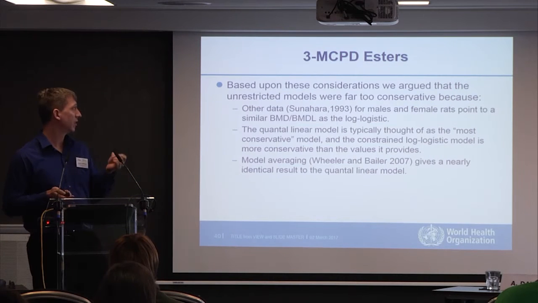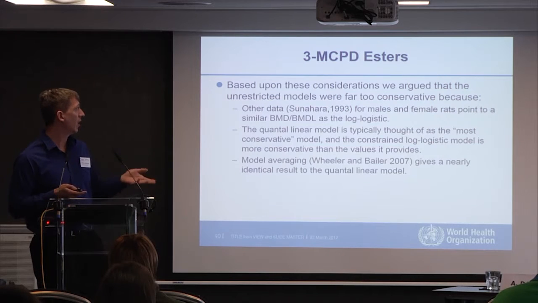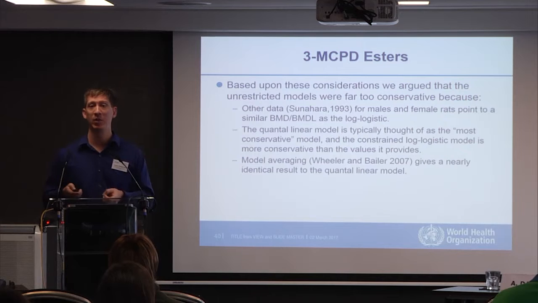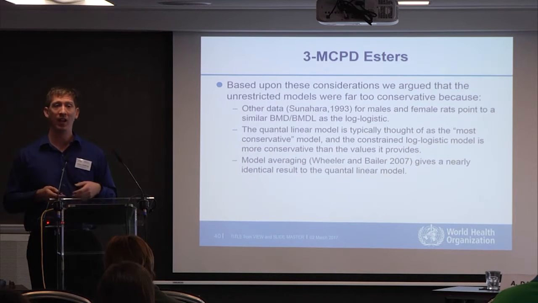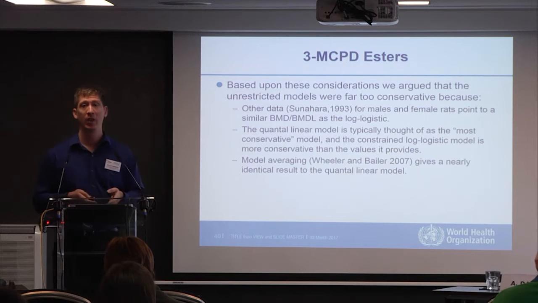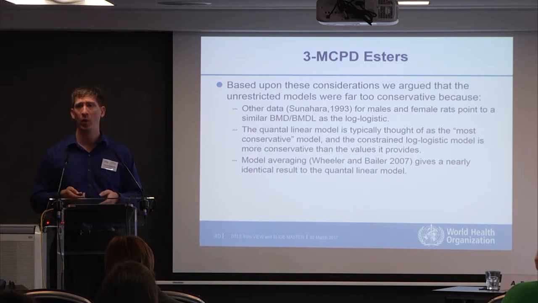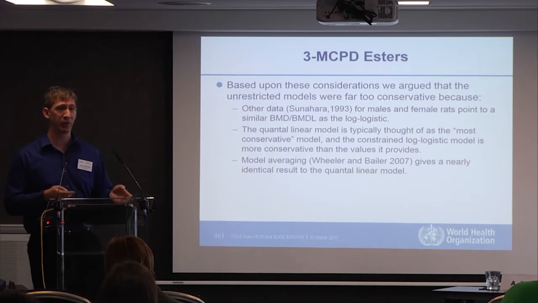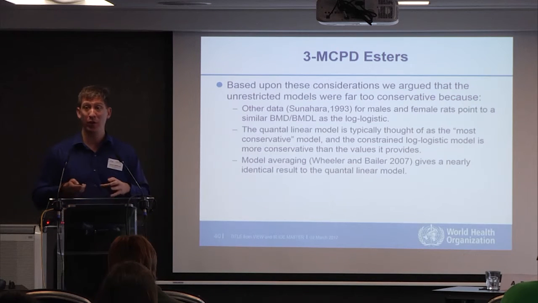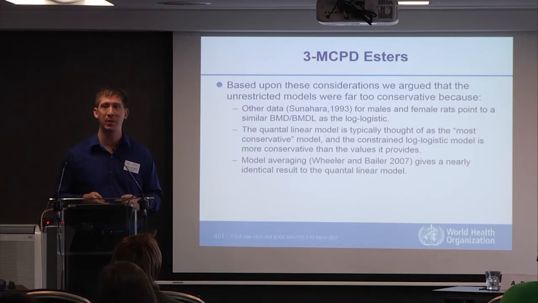Now, this is the other part of the information. For other data, the Sunahara et al., male and female rats point to a very similar BMD, BMDL. The BMD was about 1.2 in the Sunahara study, and the BMDL was like 1, where in the Cho study, if you use the restricted model, you got a BMD of 0.87. So you're having different data sources give you pretty much the same answer.